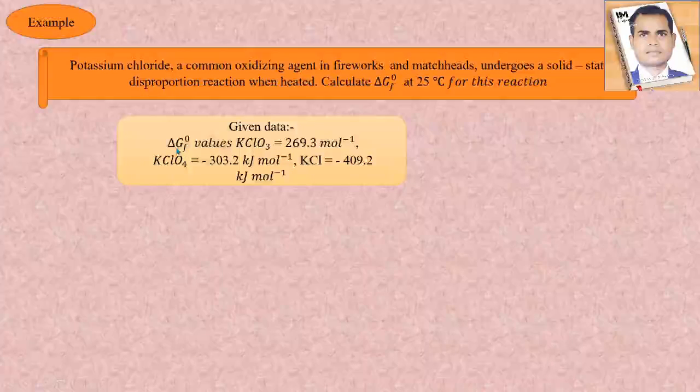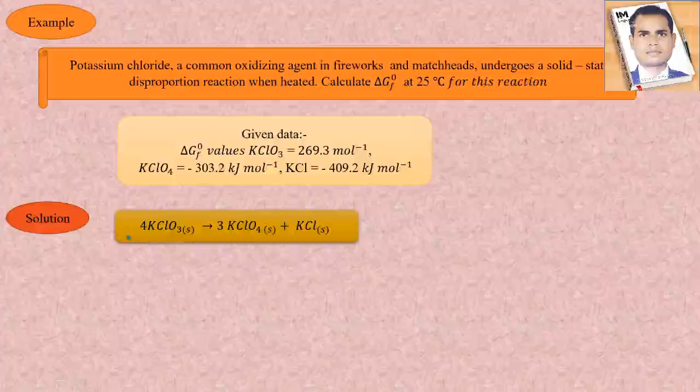The delta G0F values: KClO3 is minus 269.3 kilojoule per mole, KClO4 is minus 303.2 kilojoule per mole, and KCl is minus 409.2 kilojoule per mole. This data is given for this example.